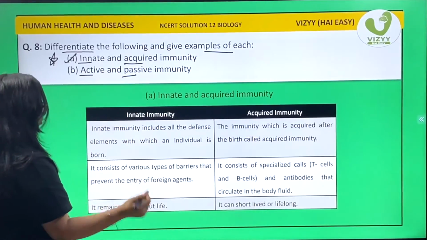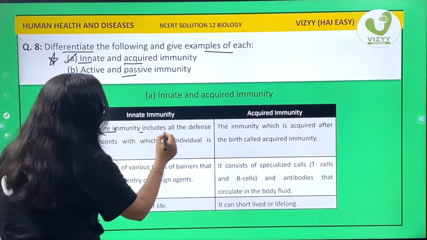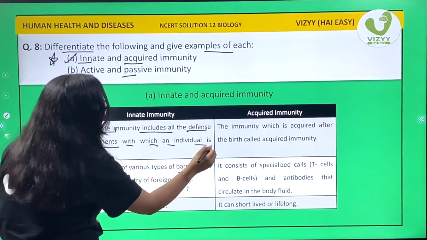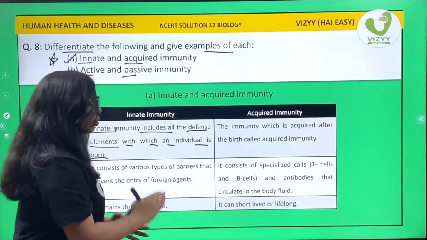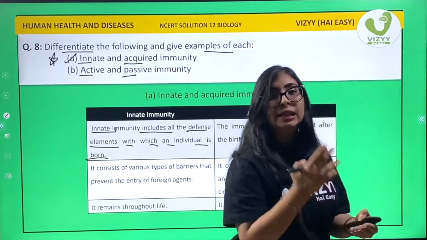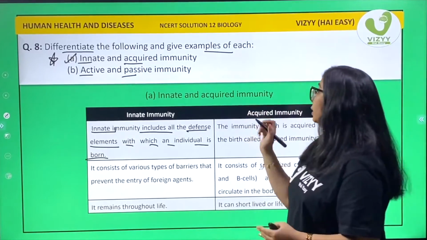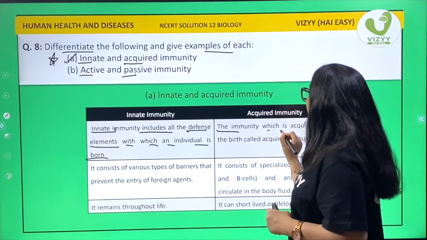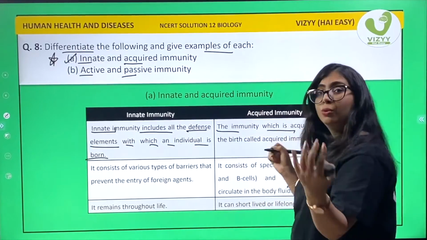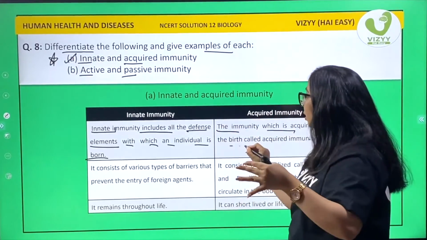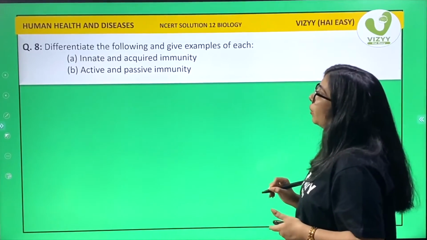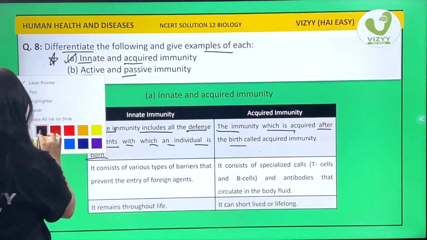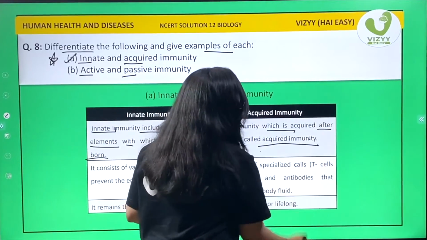So the first point would be innate immunity includes all the defense elements with which an individual is born. So you are born with innate immunity. But acquired immunity is the immunity which you develop after birth. What, students? It is called acquired immunity.